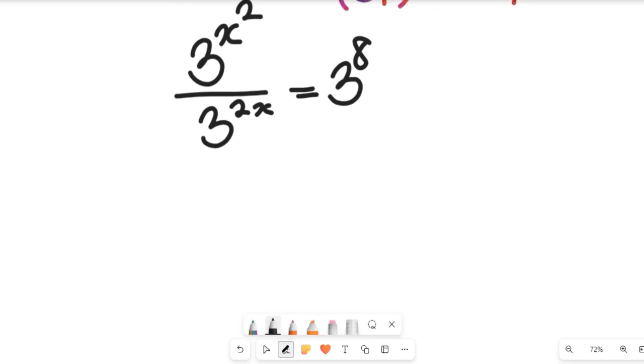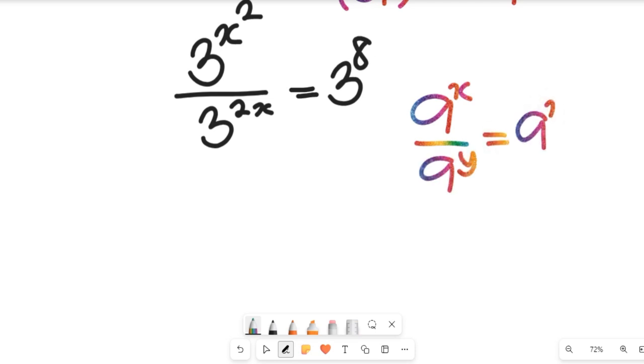Now recall the division or the quotient law of indices. In that law of indices, if you have a to the power of x divided by a to the power of y, this can be equal to a to the power of x minus y. Great. This is more like an exponential law, and you are going to apply it here.